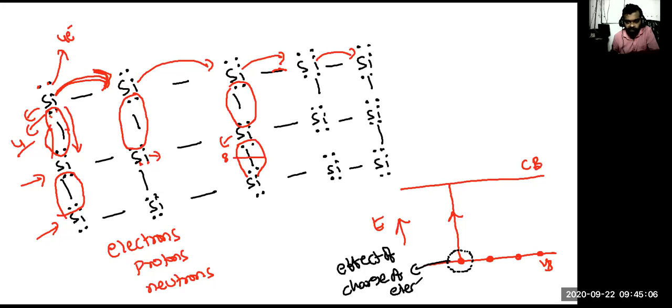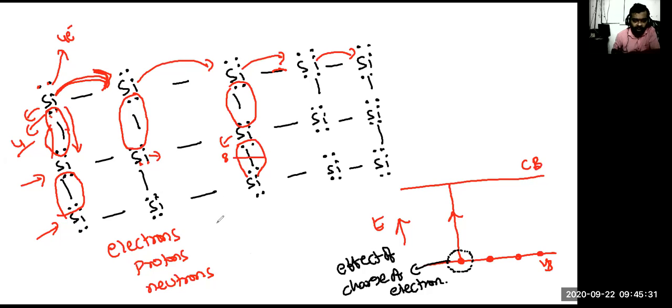Now, according to the charge conservation, we need to conserve the charge first. Why do we need to conserve the charge? Whenever we are having an unequal number of protons and electrons.